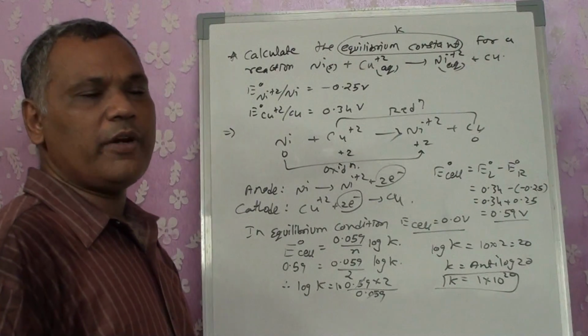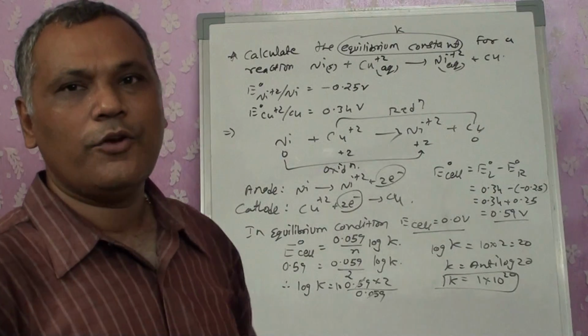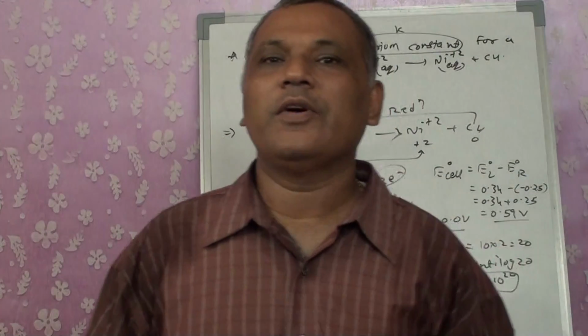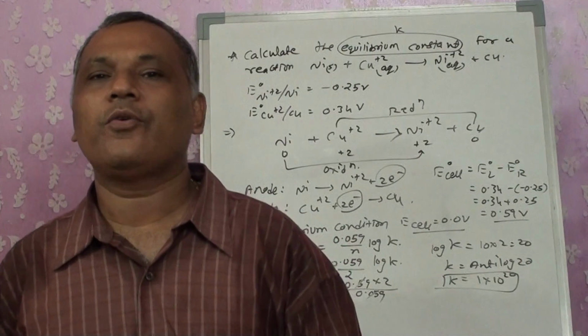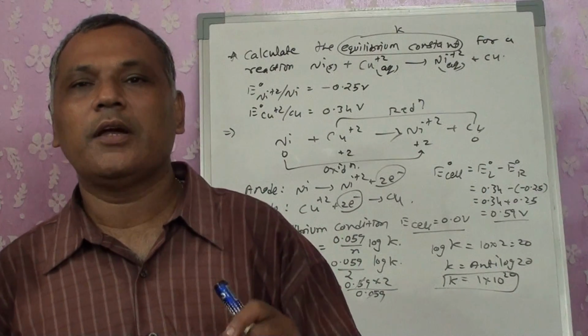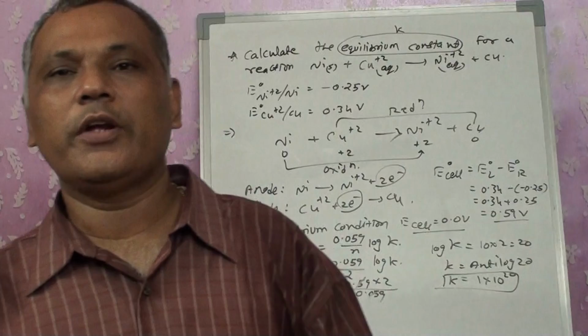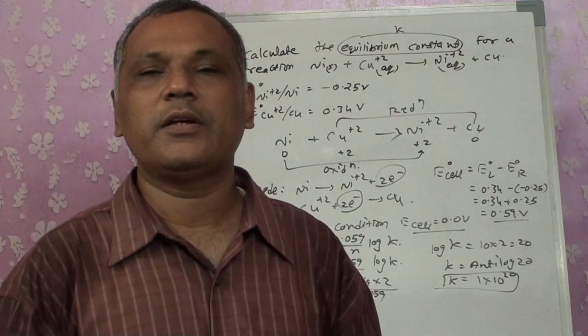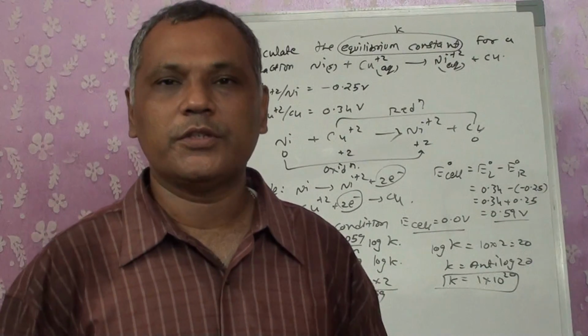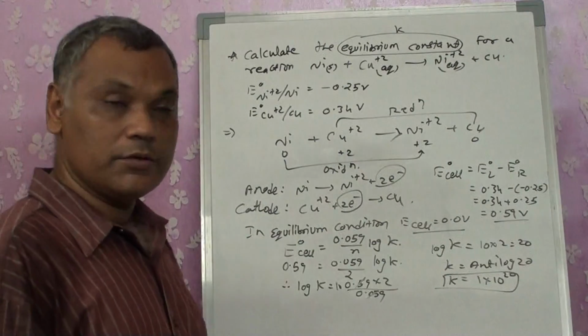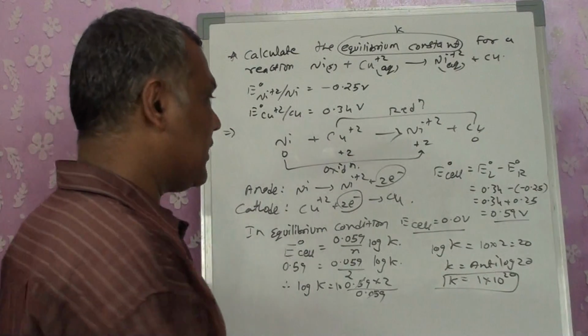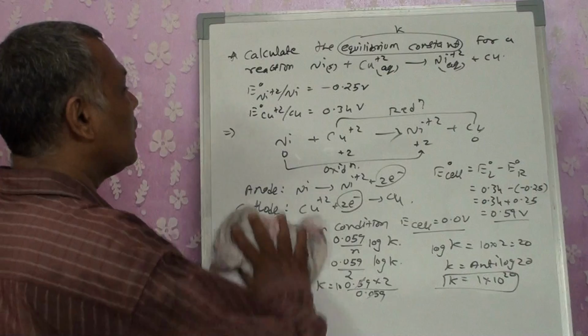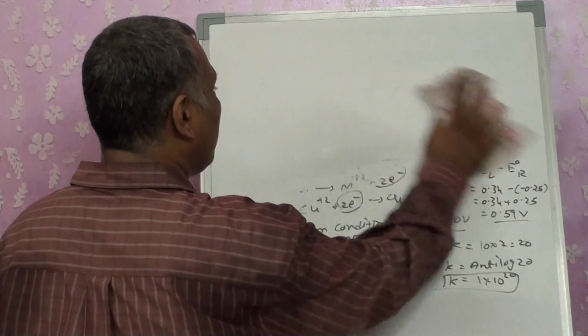Every time I am saying it in the numerical sections: once you are able to find out what data is given to us and what you want to calculate, simply by knowing the equation, put the values in it and you get the calculation. Now let's see something related to free energy.